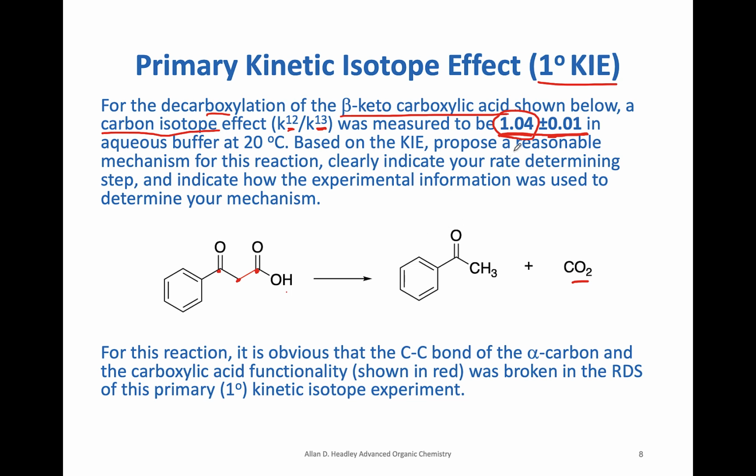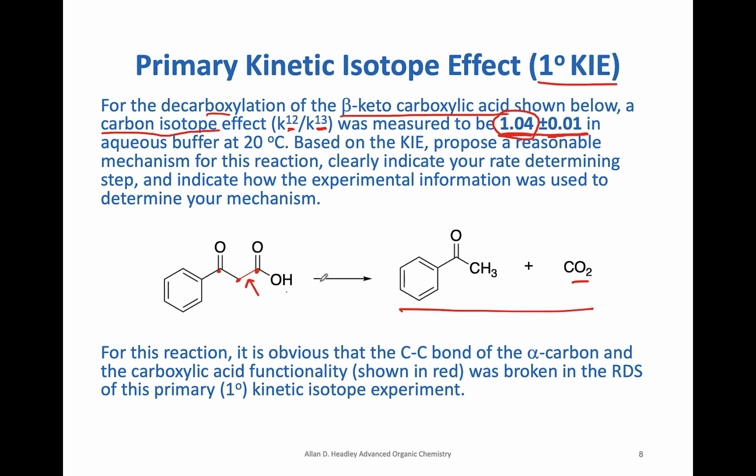And it turns out to be this in terms of the difference in rates. So the bottom line is a carbon-carbon bond is broken in the rate determining step. Based on the reaction here, it is obvious that this is the bond highlighted in red that's broken in the rate determining step.